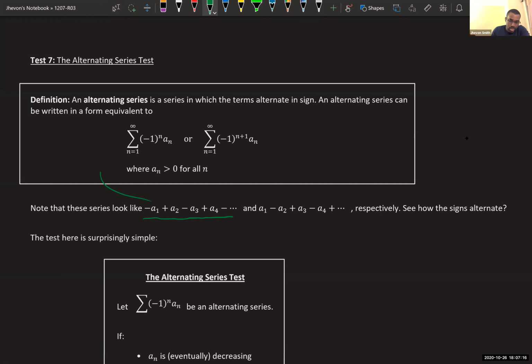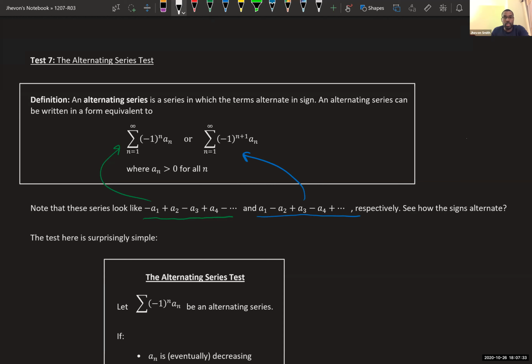That's actually this one right here. And if I go plus A1 minus A2 plus A3 minus A4 plus A5 minus A6, that's that one right there, right? So the signs alternate. You can start with a positive or a negative, it doesn't matter, it just matters that the signs alternate.